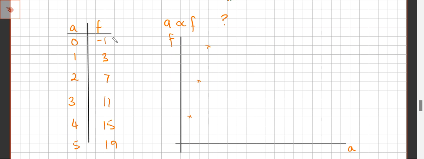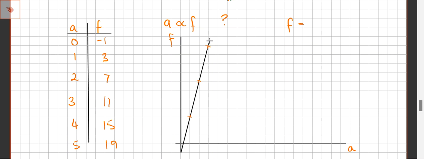If I buy 2, it costs 7. That's good marketing. This shows a definite linear relationship. So some of you might be able to work out F equals, a skill you should have.